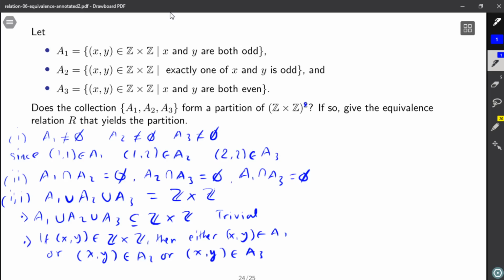Now, how about the equivalence relation that yields the partition? The idea is to look at each of the conditions in the sets and write down the relation.